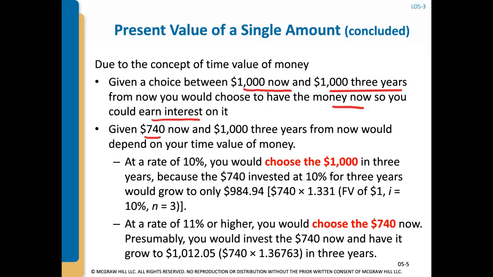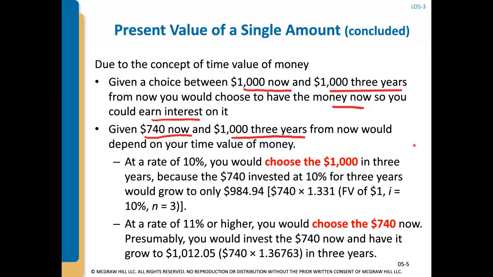If I'm given $740 now and $1,000 3 years from now, which one would I choose? Would I choose to get $740 now or $1,000 3 years from now? And the answer to that is it depends. It really depends on the interest that you earn on that $740.